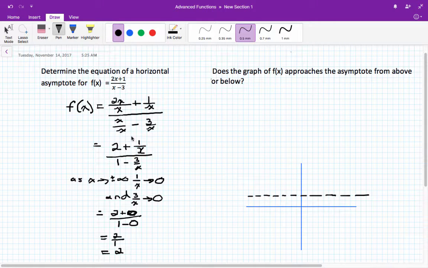Now, we also know that this particular graph is going to have a vertical asymptote at x equals 3. So we'll put that in here.